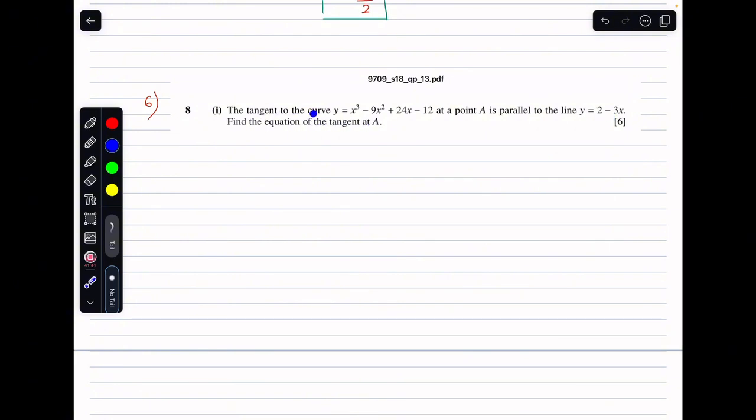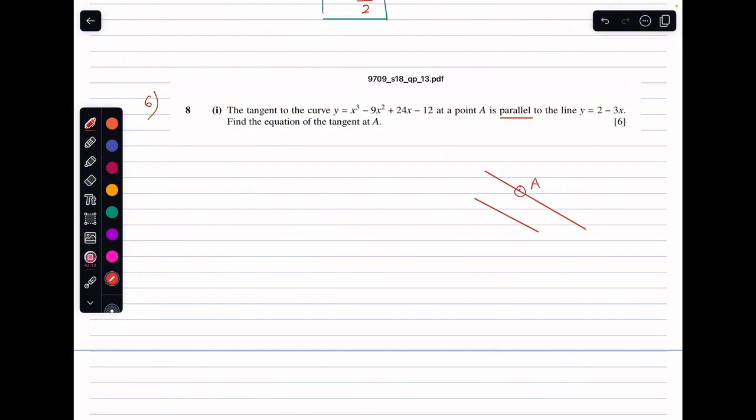So there is the tangent to this curve, and this tangent is at point A. And this tangent is also parallel to this line, which is y equals minus 3x. So the word that we should be underlining here is the word which says parallel. Let's say on the curve, this point is A. I'm just making a very exaggerated curve here.